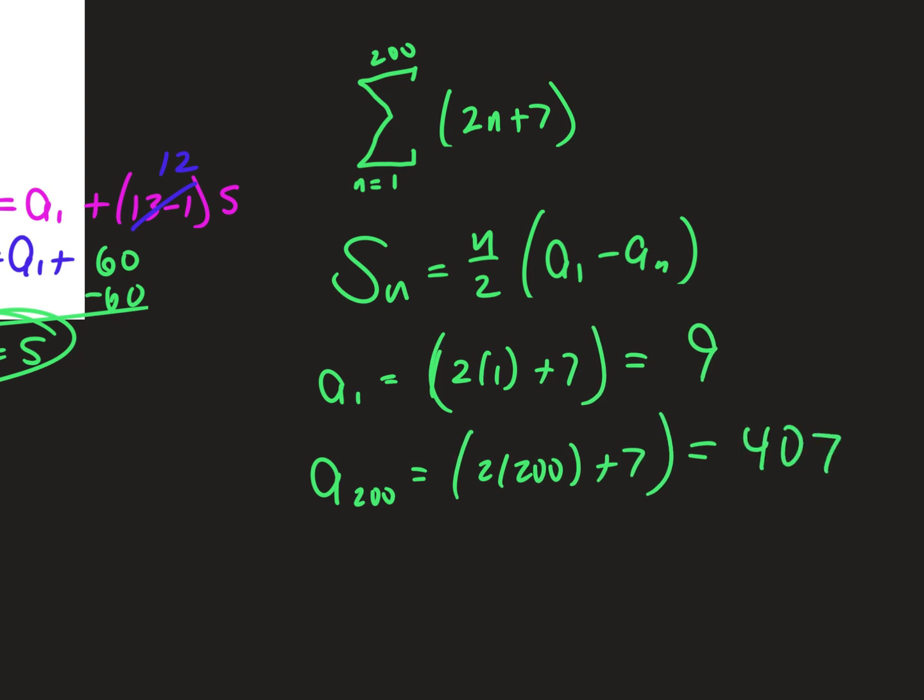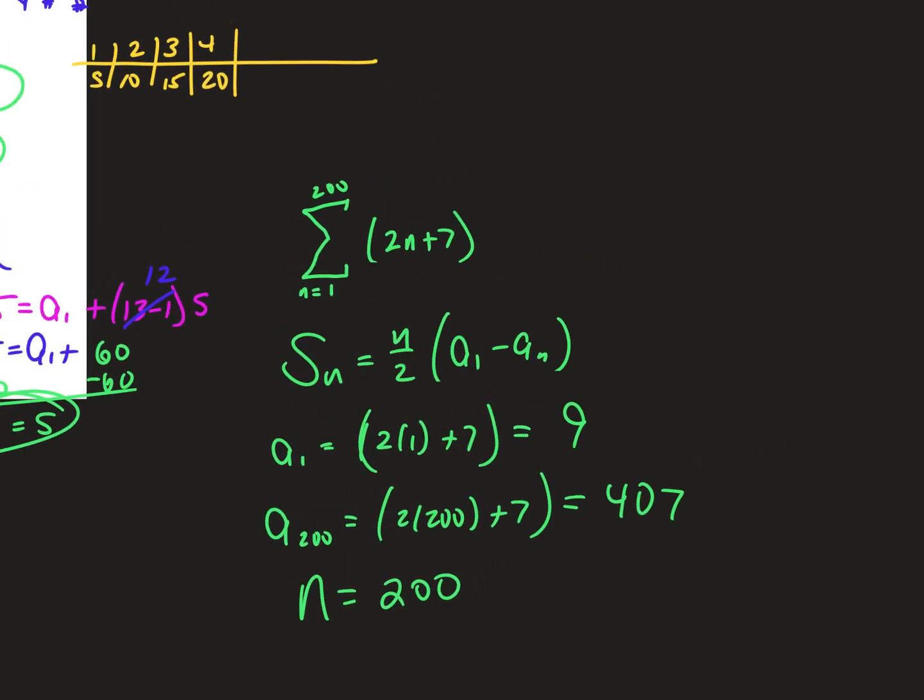So do you have now the first term and the last term to plug into the formula? And do you know how many terms you're talking about? Yes, how many? I know it's 200 because I'm starting with 1. We'll talk about this more tomorrow. If you were starting, like say they told you to start with n equals 6, you're going to have to say it's n minus top minus bottom plus 1.